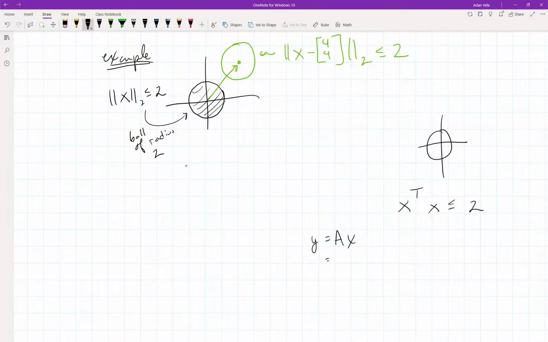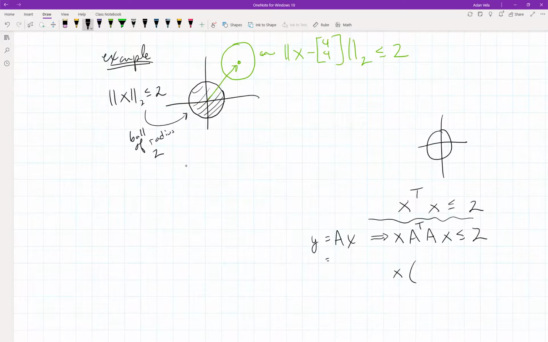Then if I were to go through this operation, that would be like saying x transpose a transpose a x is less than or equal to 2.